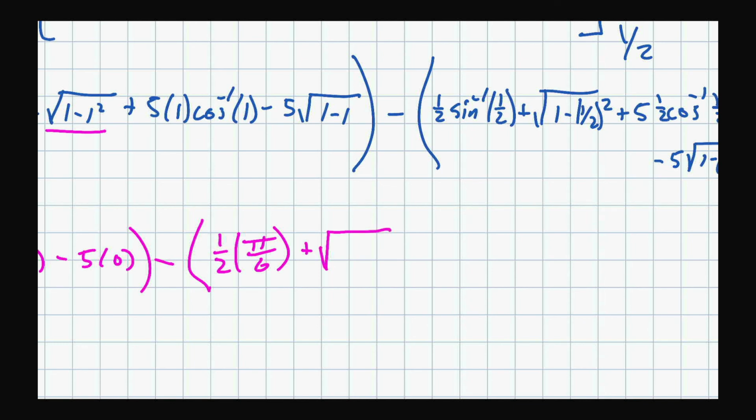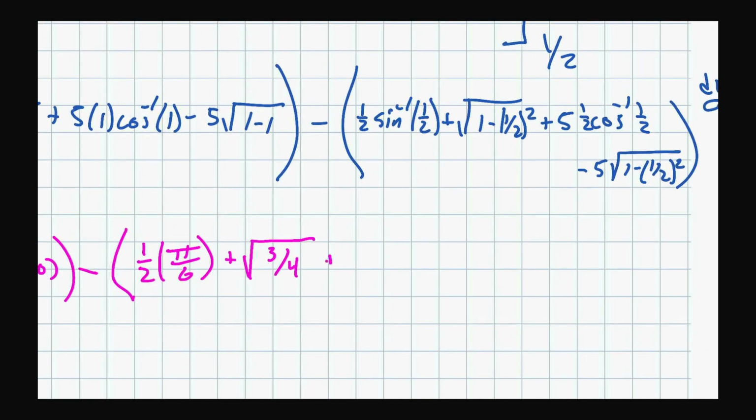What's in the square root? Well, 1/2 squared is 1/4. 1 minus 1/4 is 3/4. I said 3/4, but I wrote 3/2. So this is square root 3/4 plus 5 times 1/2. So that's 5/2.